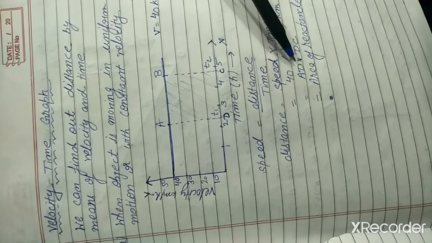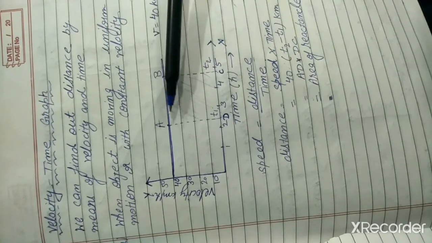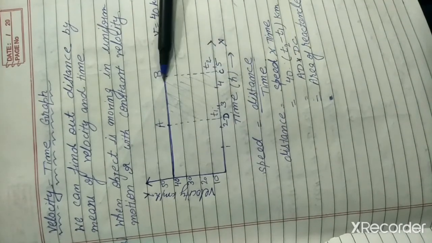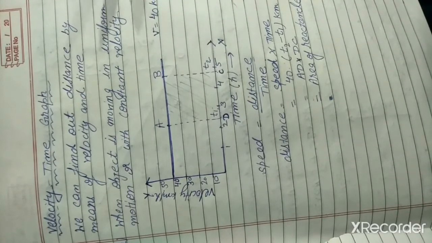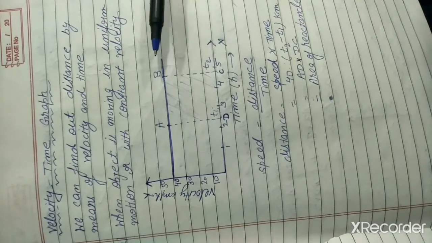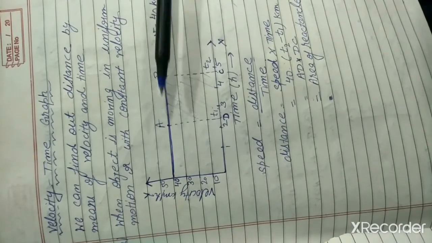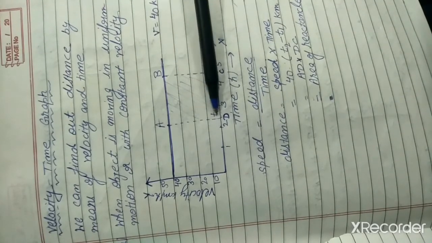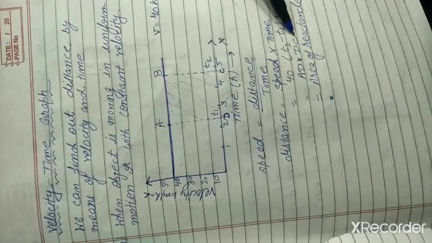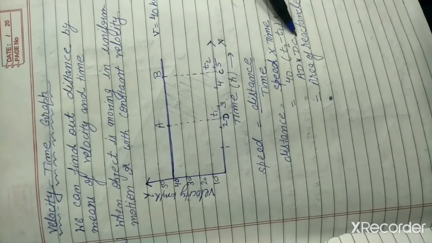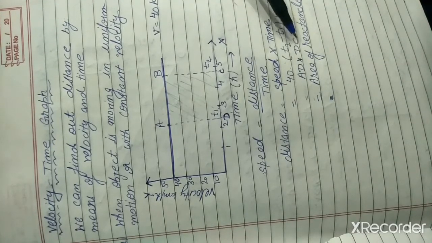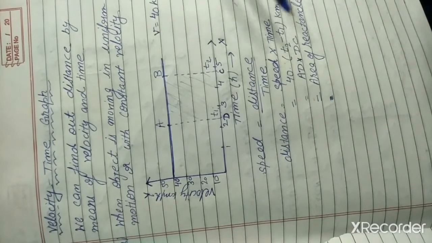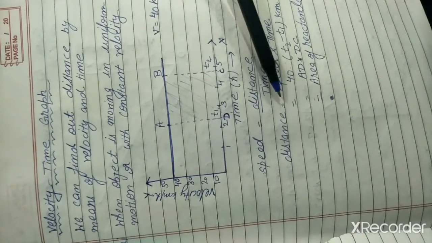We also know that the area of a rectangle is length into breadth, that is AD into DC, right? So if we calculate the area covered under the graph, it is equal to the distance.